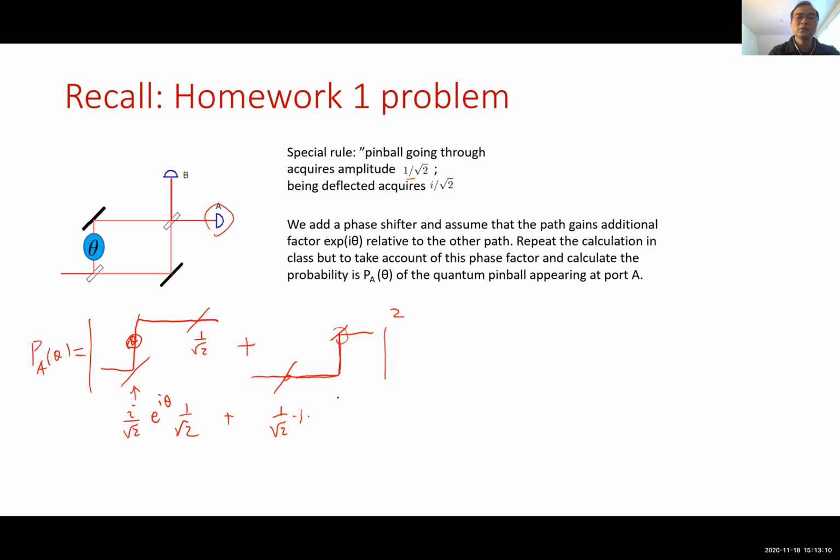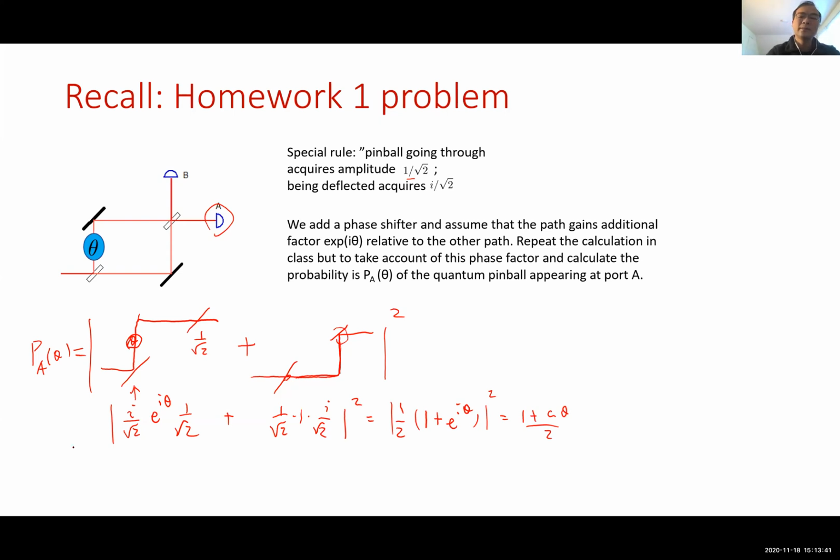And here it reflects, so I have i over square root 2. Okay, and I square that. And these are 1/2 times 1 plus e to the i theta, squared. So basically this is 1 plus cosine theta over 2.